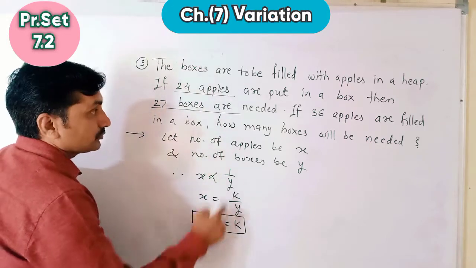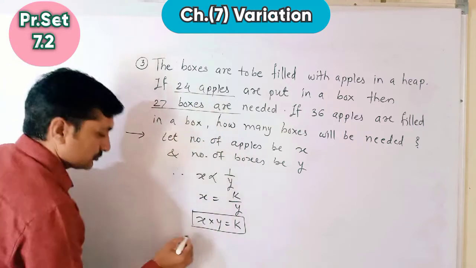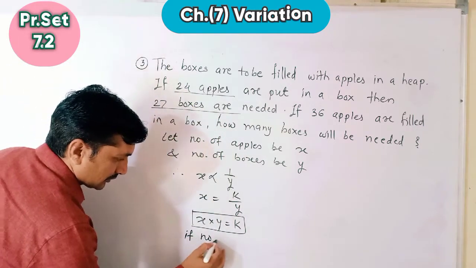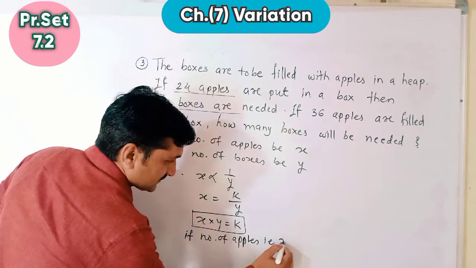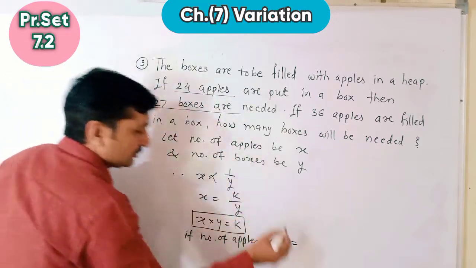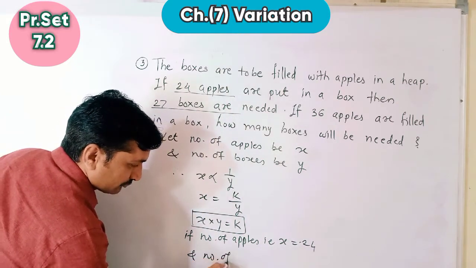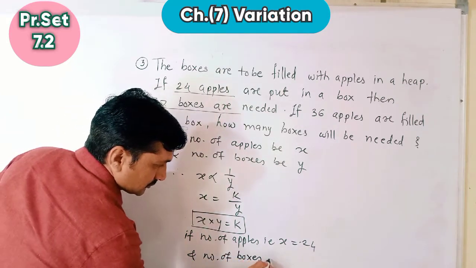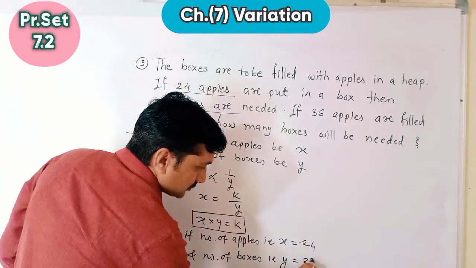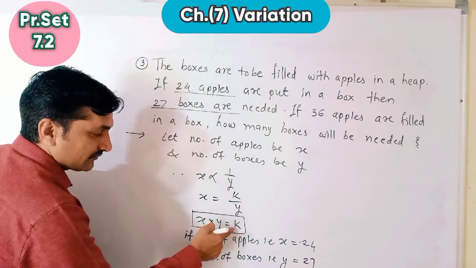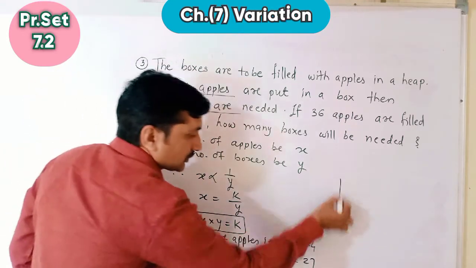Now here the number of apples is given as 24, that is x is equal to 24, and the number of boxes, that is y, is given here as 27. From these two values we have to find k first. Put these values here.